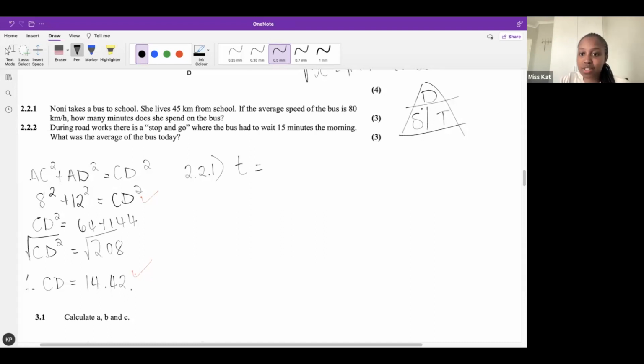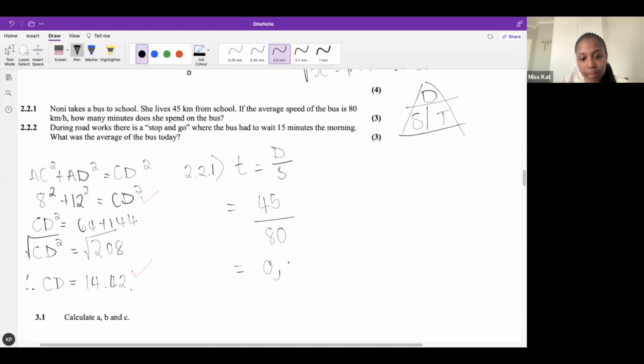So the placement of these is not coincidental. It's supposed to remind you what you divide and what you times. So time is distance over speed. What is my distance in this case? 45, we've been given. And our speed is an average of 80. And that gives you what?